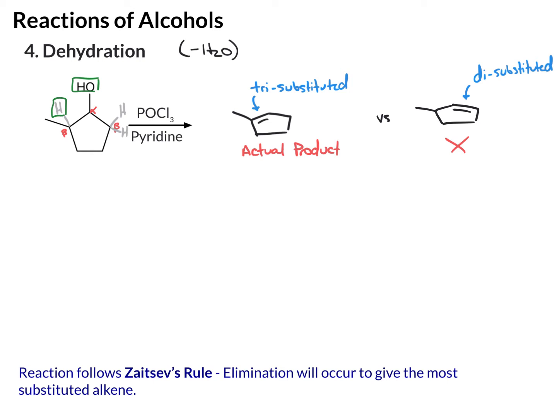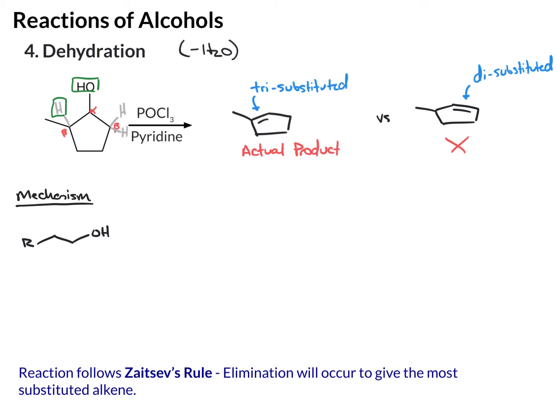Let's go through the mechanism and see how this dehydration occurs. All right, so again, I want to simplify it just a little bit. I'm going to do RCH2OH so that we have an alpha and beta carbon to work with.